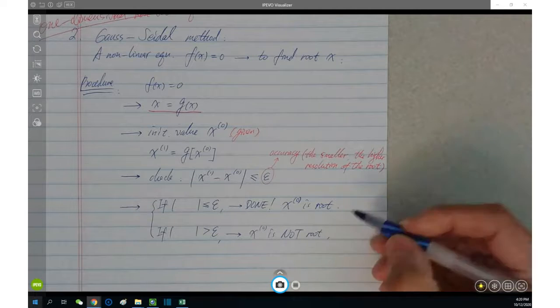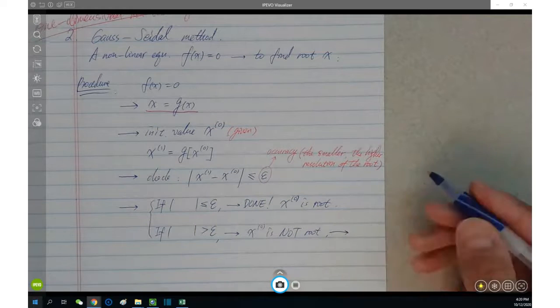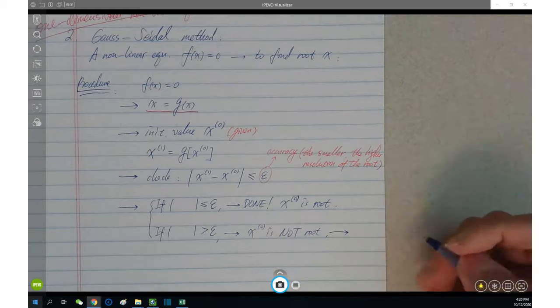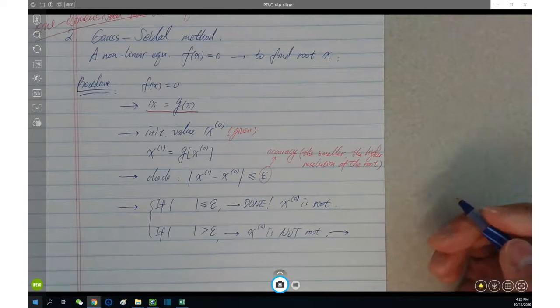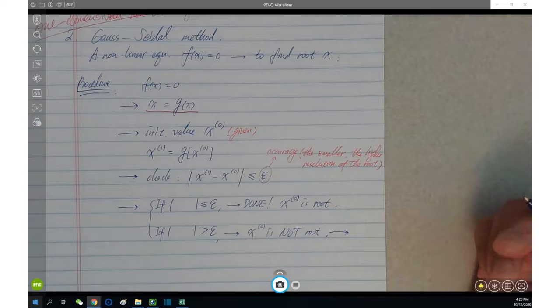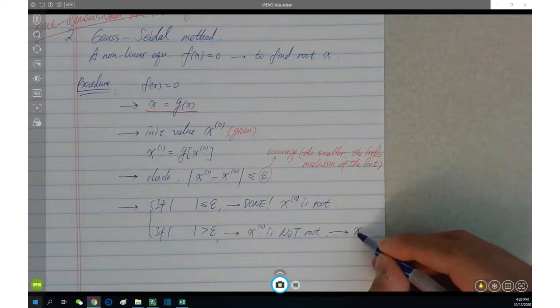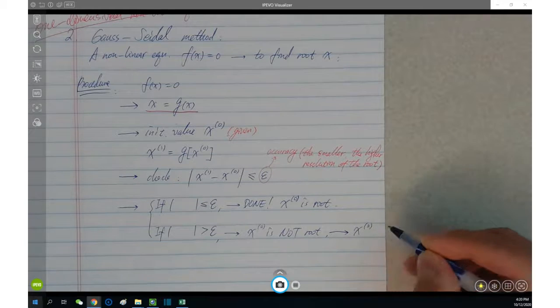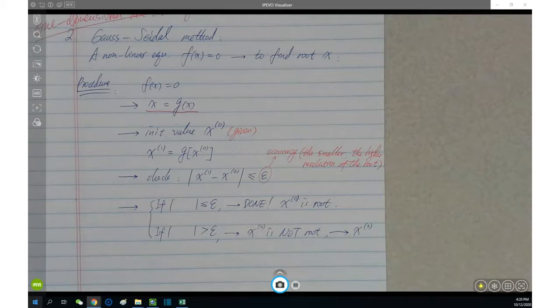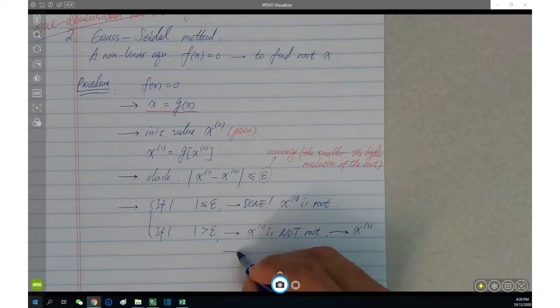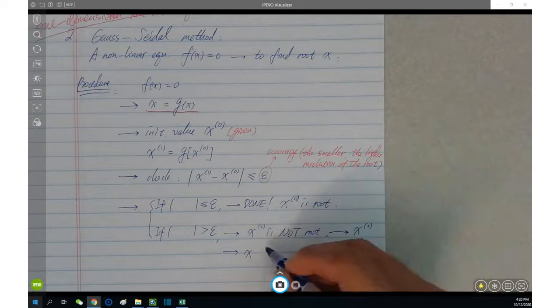But what do we do next? Anyone remember? Go for the second step iteration, right? How to derive the second step iteration?